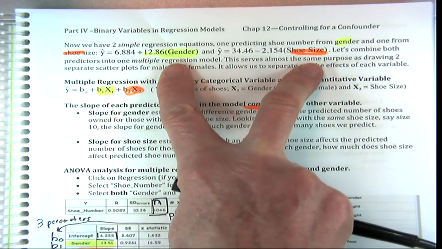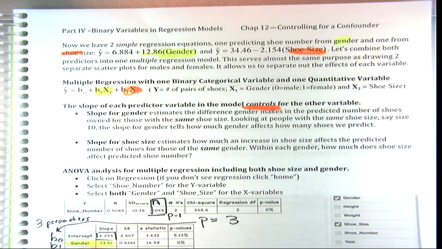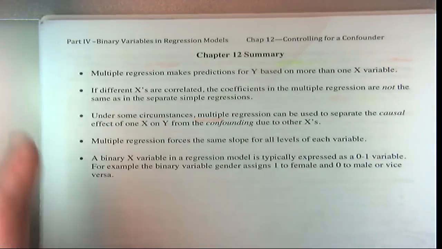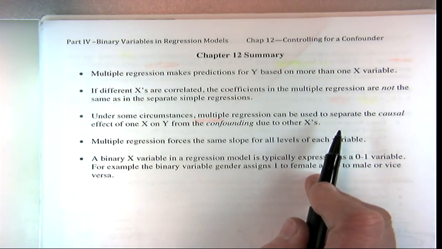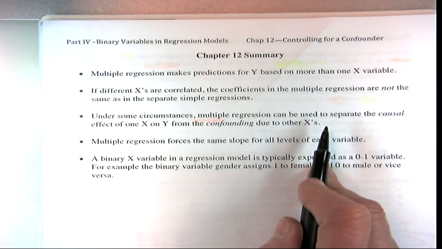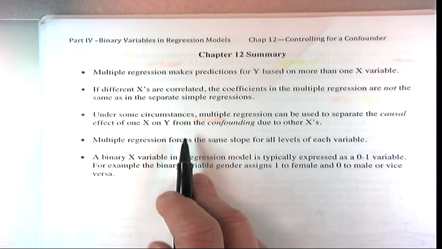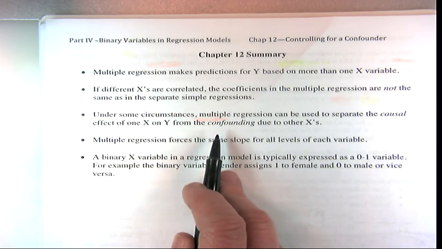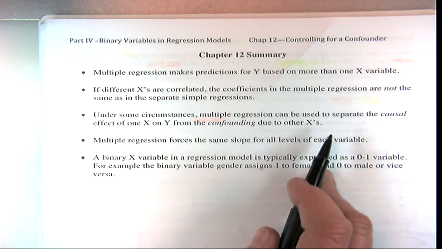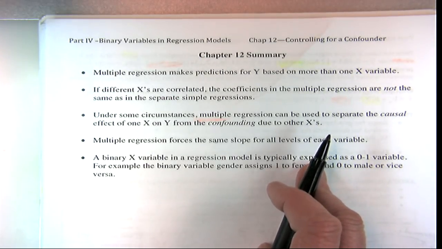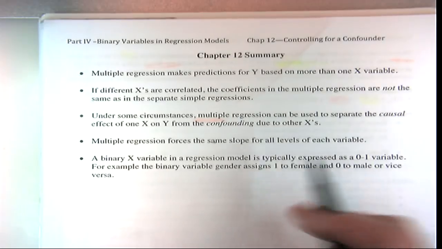They change because they're looking at the effect controlling for the other one. All right, so that's very important. Under some circumstances like this one, multiple regression can be used to separate the causal effect of one x on y from the confounding due to the other x's. We can do that because gender happens first and it's a random assignment.